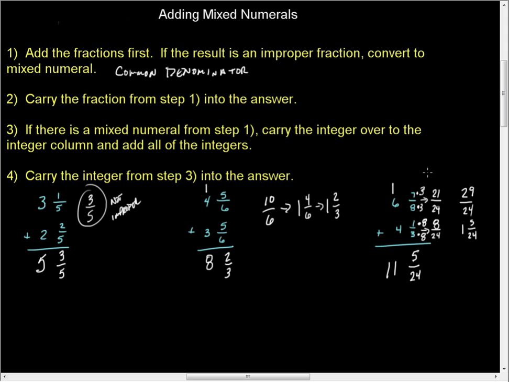So we had to do an intermediate step here, and we had to get common denominators. We had common denominators before, but this one didn't. That's implied in this add the fractions first. That's why we put make sure we have a common denominator. So this is the traditional method for adding and subtracting mixed numbers. I use this on occasion.